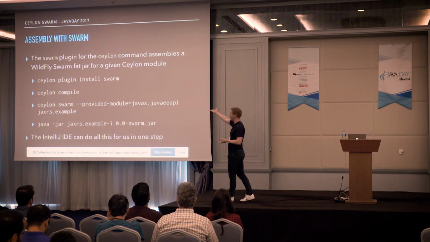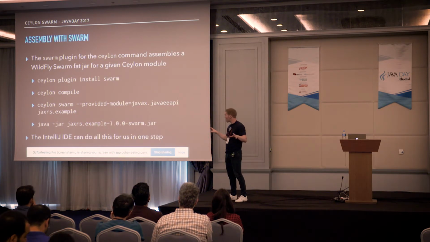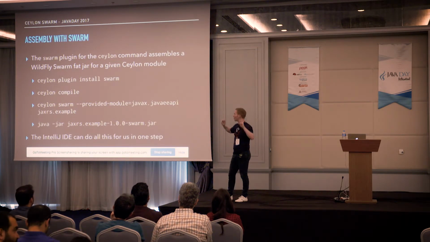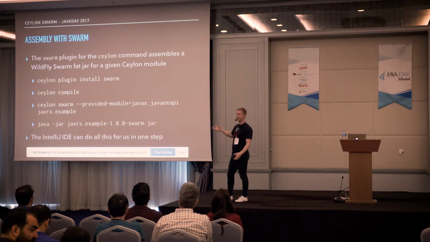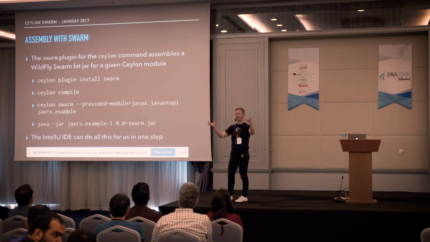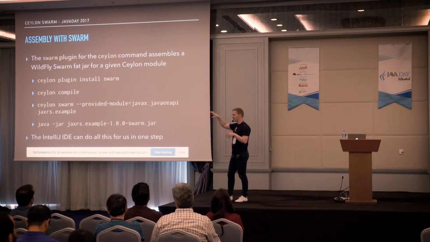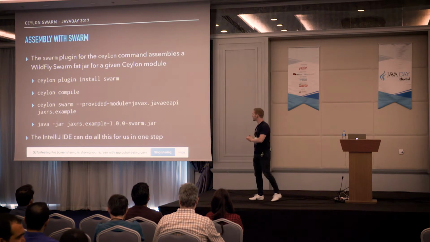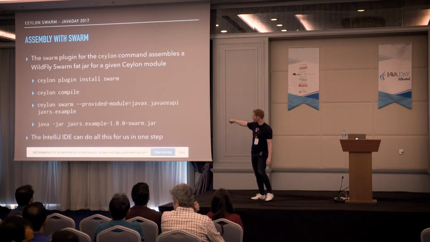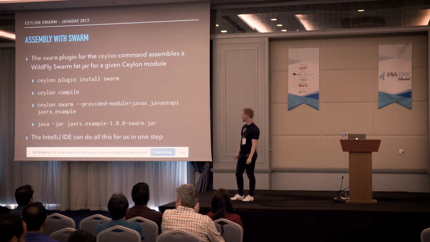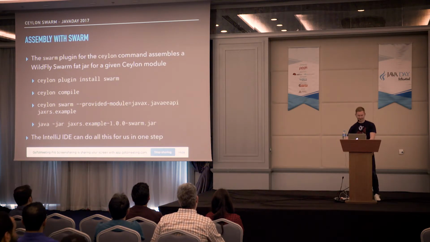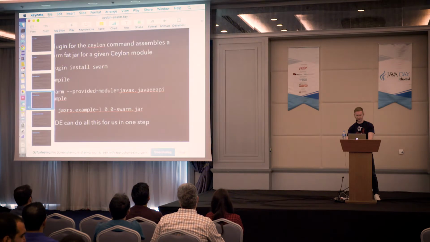To use this plugin, you have to install it, you have to compile your Ceylon module, and then you have to swarm your Ceylon module, which performs this assembly phase of aggregating together all the transitive dependencies of your module, together with a bunch of Wildfly APIs, and aggregating them into a single jar, which you can then run with java -jar. Now IntelliJ can do all this.